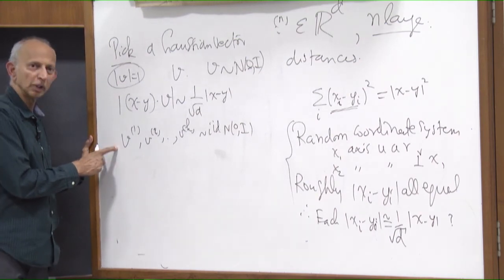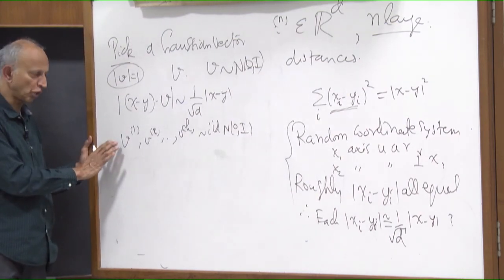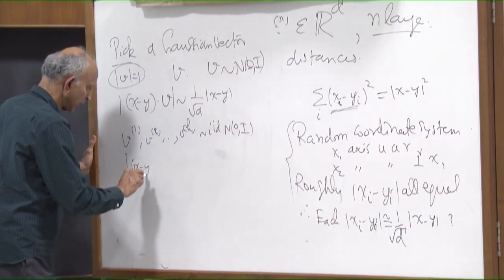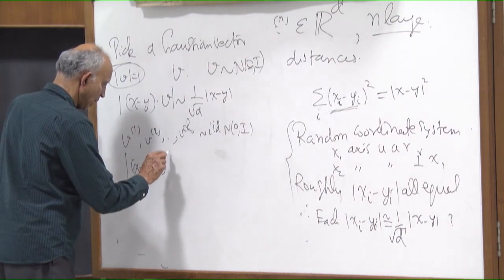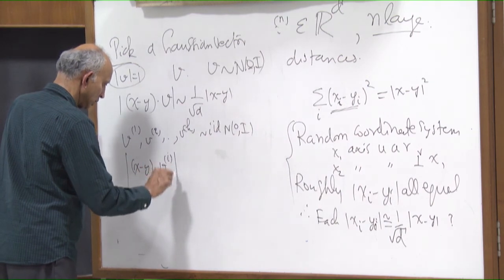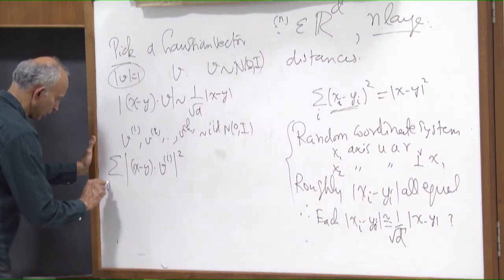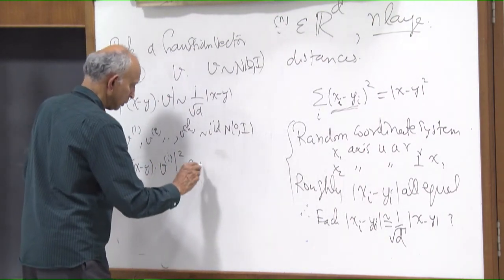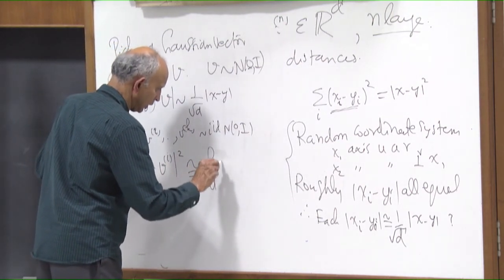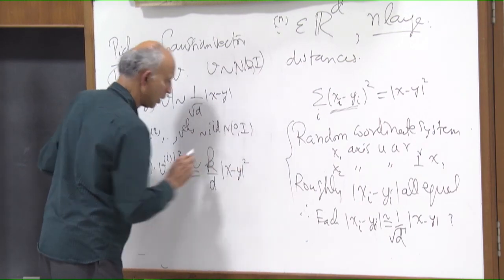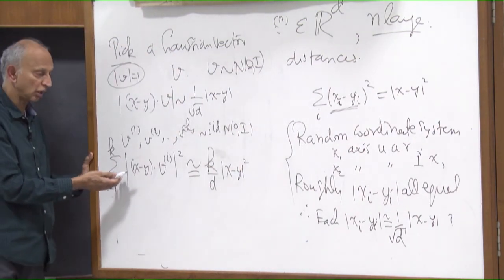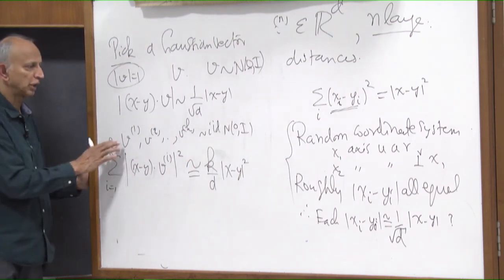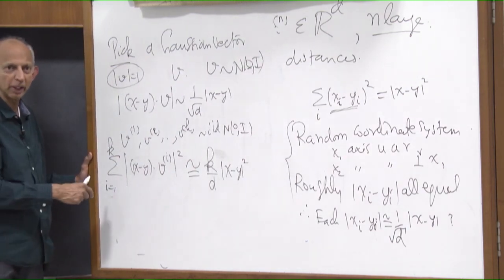They won't be orthogonal, but we saw that they'll be close to orthogonal. That's enough. It turns out that the sum of (x minus y dot vi) squared over these k would be roughly k over d times the length of x minus y squared. So I take k coordinate directions and take the sum of squares. They're not perpendicular, but it doesn't matter.